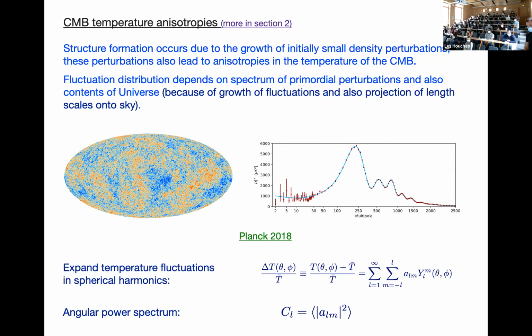Anything else about the CMB? Could you just expand a bit on how temperature variations at low L are related to variations in the gravitational potential?